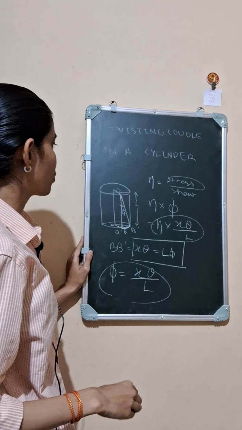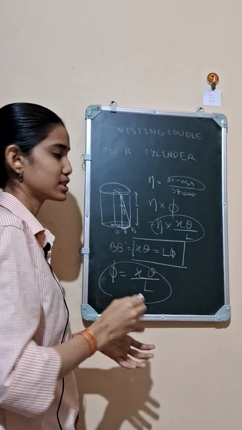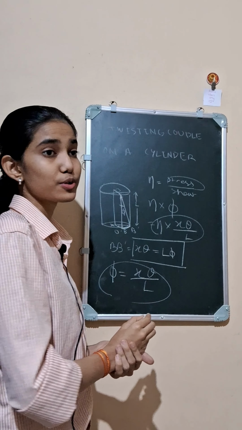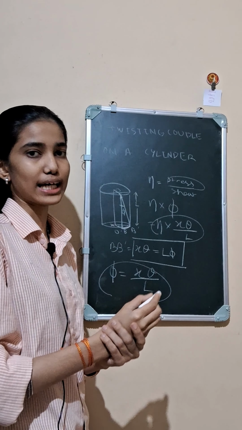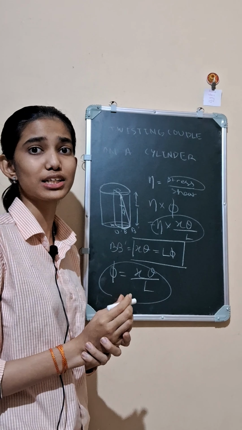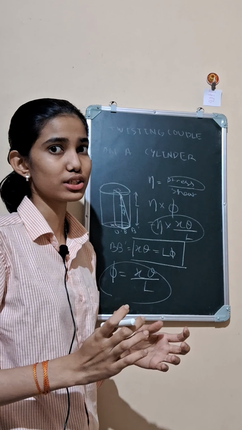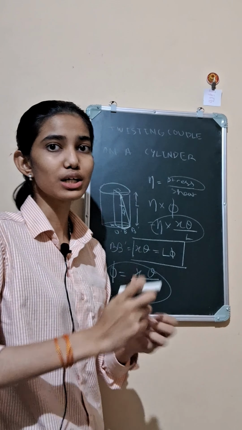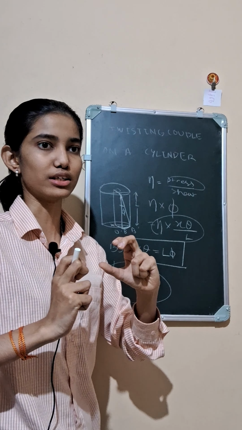So let us suppose we have considered this elemental cylinder to be of radius x. Remember that I am calling it an elemental cylinder because the actual cylinder is a solid cylinder, and we are just talking about a hollow cylinder, just the element of that cylinder.